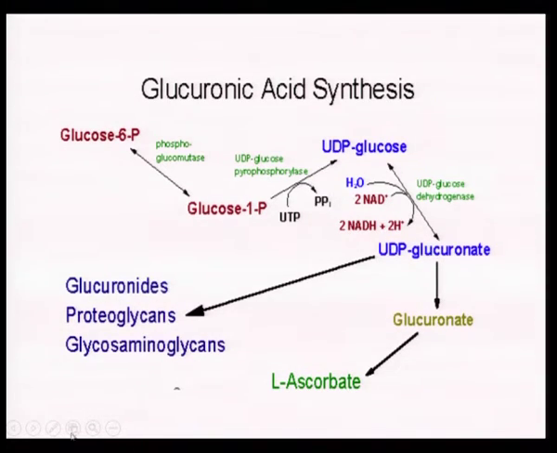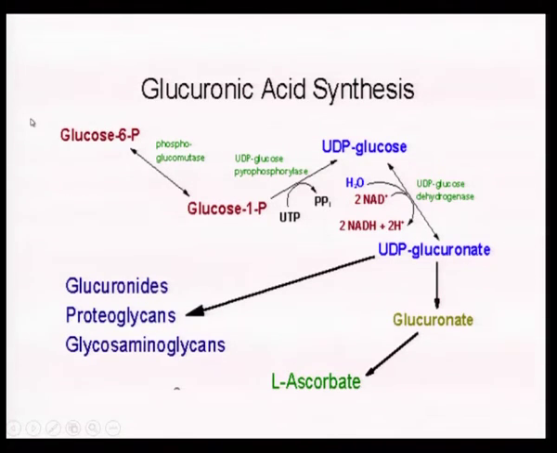All these are structural components of microbes and also being used by different organisms. So, this UDP glucuronate comes from UDP glucose, and here you have an enzyme UDP glucose dehydrogenase. Now, this UDP glucuronate further becomes glucuronate and finally it ends up as L-ascorbate.